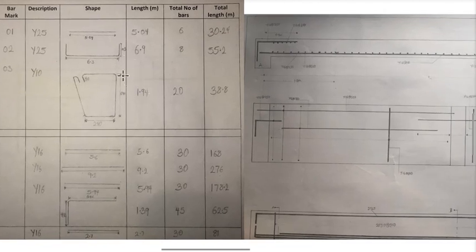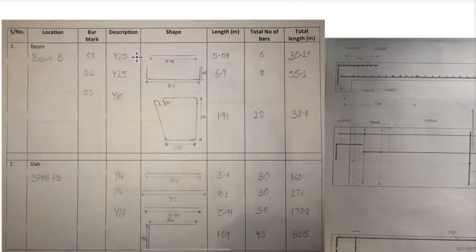Then this, if you notice, this straight thing. Since we are taking it from beam B, and our beam B from here is this. Our beam B is this. Oh, I should not have cut this earlier.